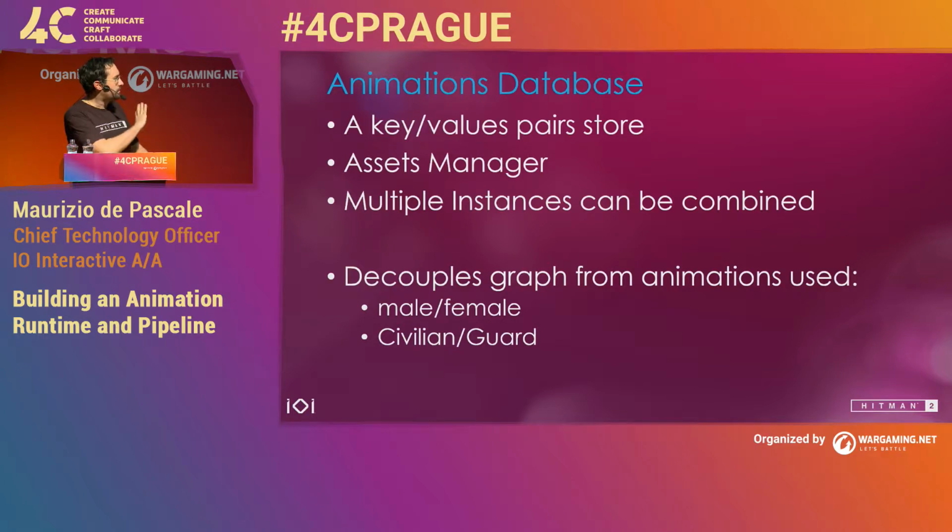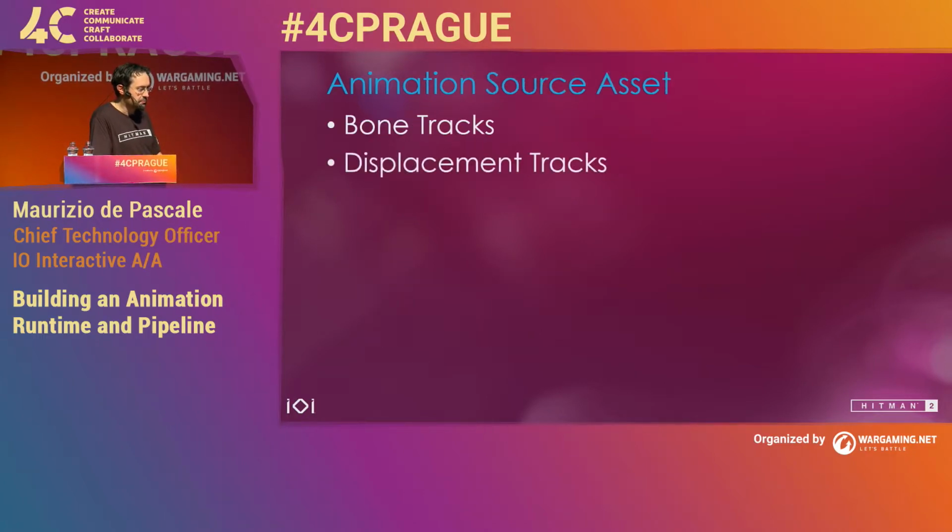So by having this decoupling, you can very quickly support additional character traits or different gender, just by recording a custom animation for the character traits and changing an animation database at runtime. The assets that we load are pretty much arrays of structs.